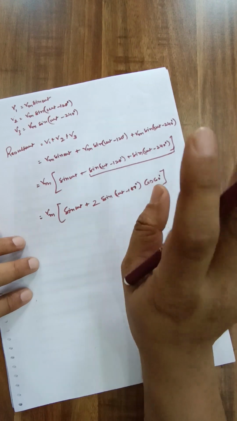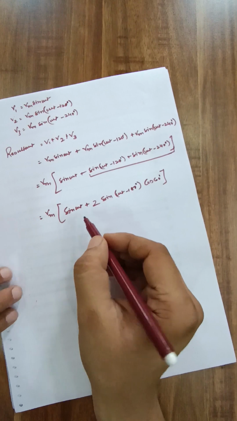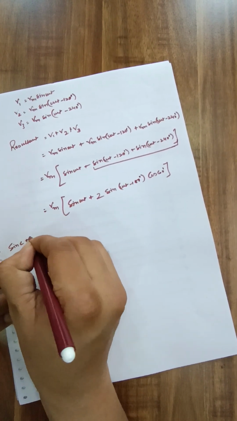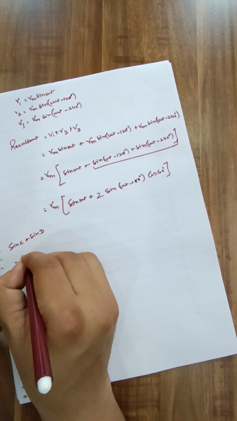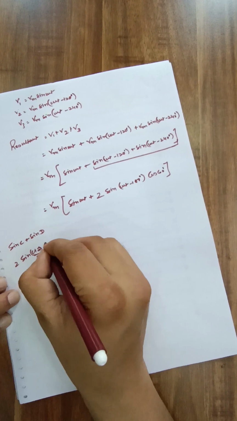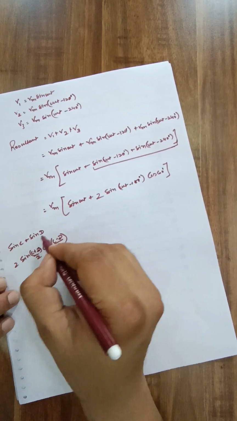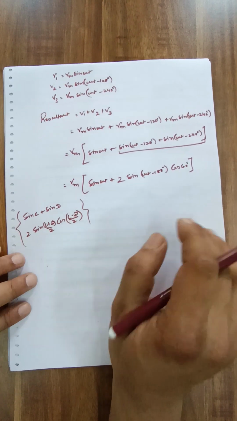Clear? The formula will be what? Sin c plus sin d will become 2 sin c plus d upon 2 cos c minus d upon 2. So this formula we have used here for the calculation.